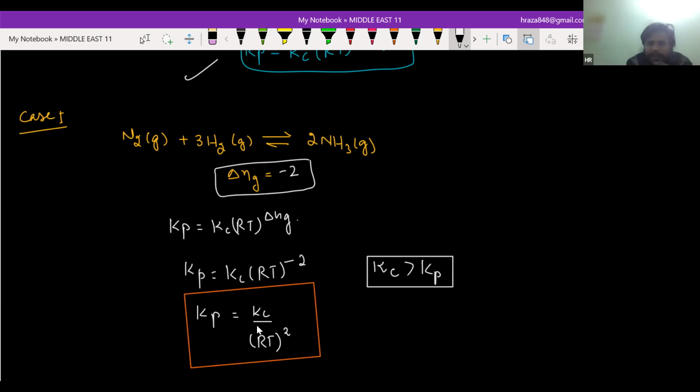So you can easily say that Kp is equal to Kc upon RT raised to the power 2. That means we got Kp by dividing Kc by RT raised to the power 2.